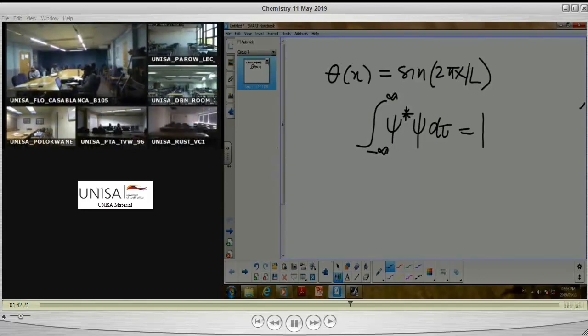It means that integral must be equal to 1. That is why we always work with normalized functions. You cannot take a wave function and just do anything you like with it. The first thing you must make sure is that it is normalized.